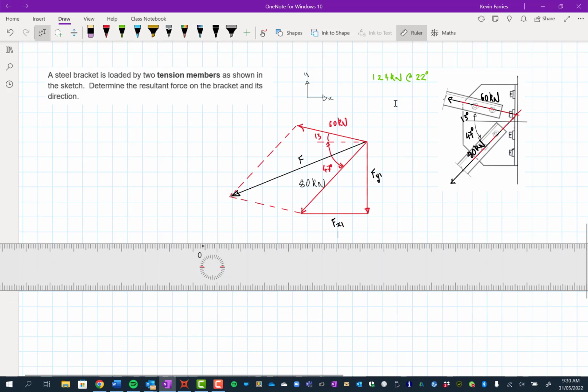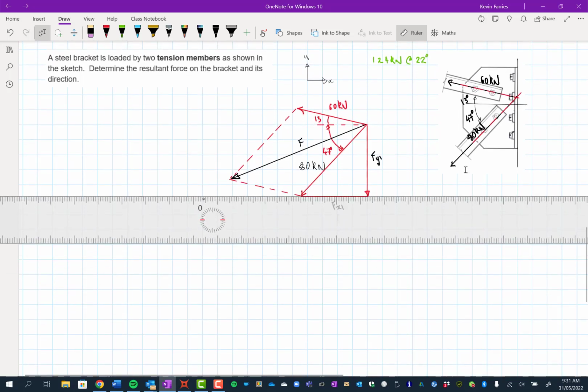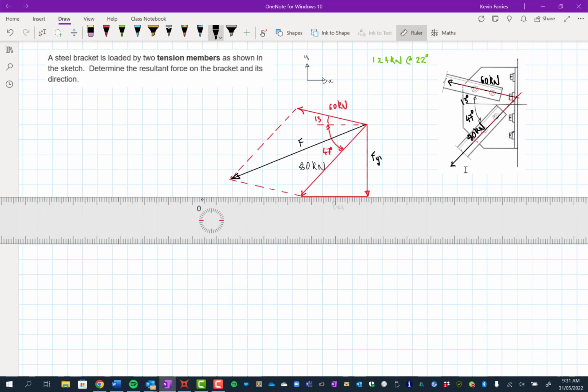So we're going to come down this vector and then go up this imaginary vector. Imagine moving it nose to tail. So we're going to imagine we're then going up here. So this vector moved nose to tail. This one is to here.